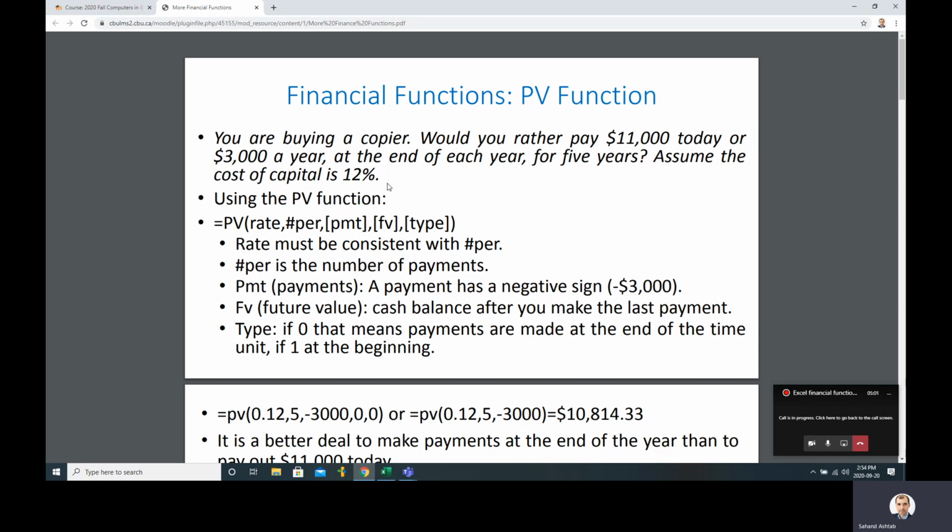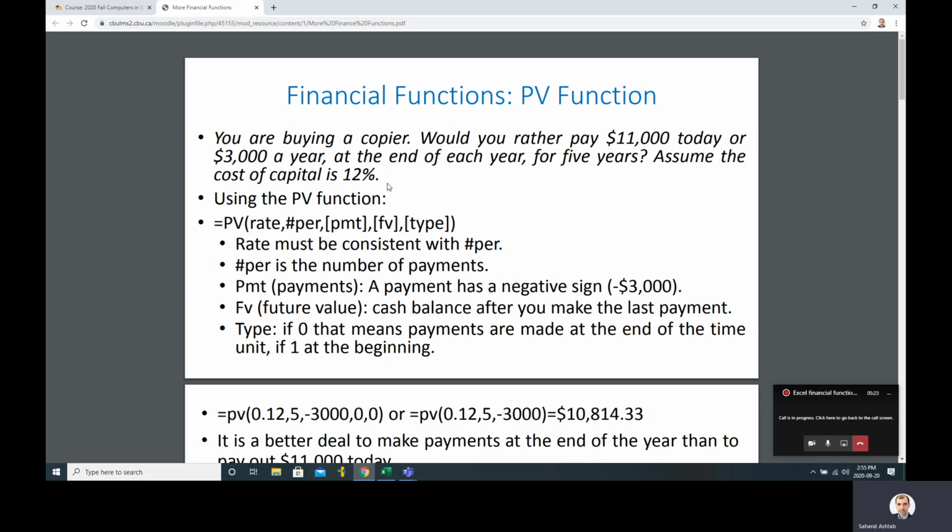So the question is, what is the present value of making five payments, $3,000 at a time at the end of each year for the next 5 years, with the interest rate being 12%? Now, eventually what we want to do is compare 11,000 with that amount.